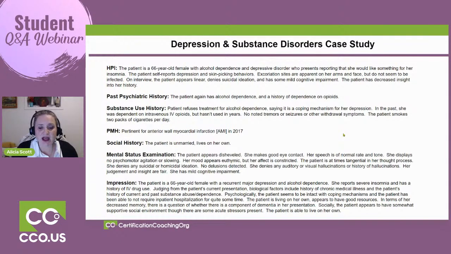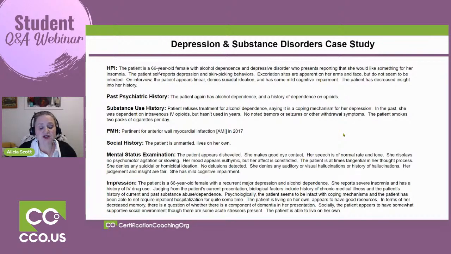All right, so when you look at this, let's look at the HPI aspect first. We have a 66-year-old female, and it says alcohol dependence, depressive disorder, and that she'd like something for her insomnia. So why is she there? Her chief complaint is insomnia, and she has alcohol dependence and a depressive disorder.